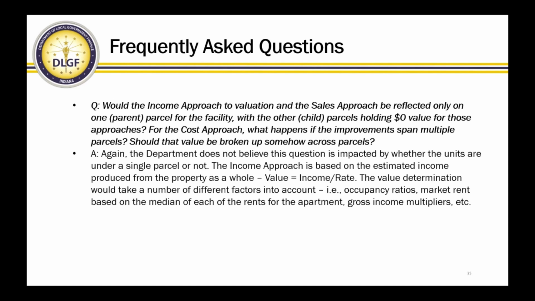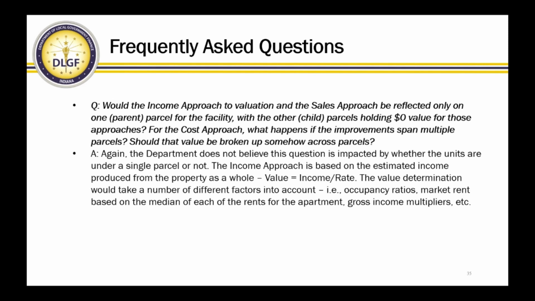Would the income approach to valuation and the sales approach be reflected only on one parent parcel for the facility, with the other child parcels holding zero value for those approaches? For the cost approach, what happens if the improvements span multiple parcels? Should that value be broken up somehow across the parcels?